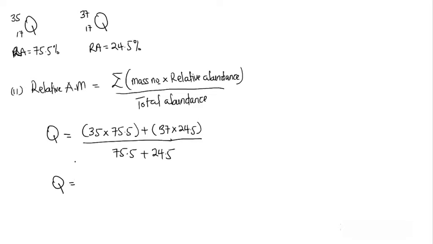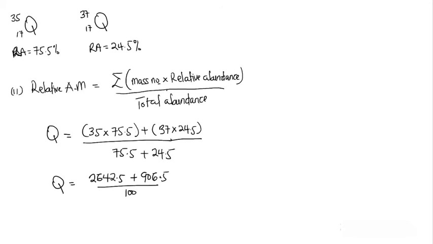So the relative atomic mass for Q is equal to 35 multiplied by 75.5, which gives 2,642.5, plus 37 multiplied by 24.5, which gives 906.5, all over 75.5 plus 24.5, which gives 100.